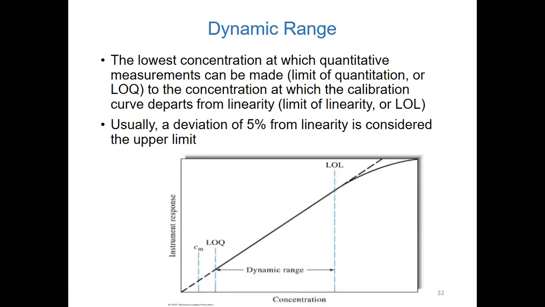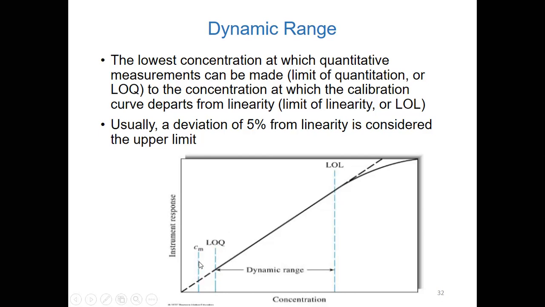And then the dynamic range. The dynamic range is the region between the limit of quantification and the limit of linearity. Limit of quantification means the lowest concentration at which quantitative measurement can be made. So that is the lowest concentration that we can measure quantitatively using the instrument response.